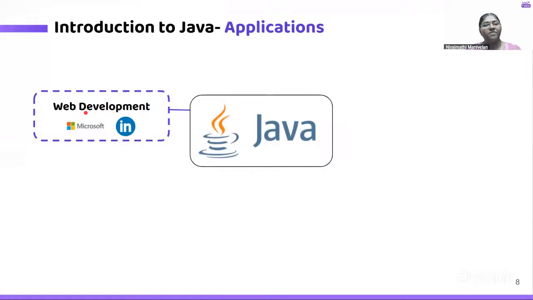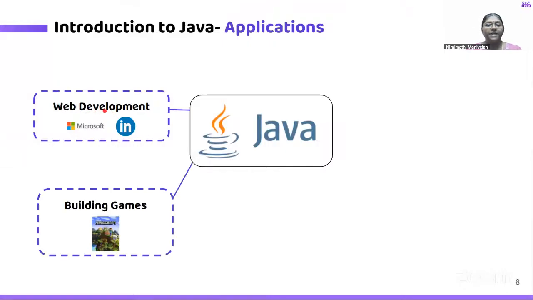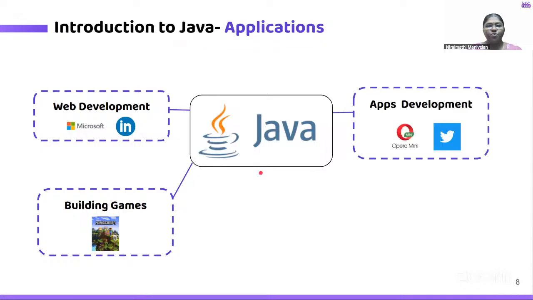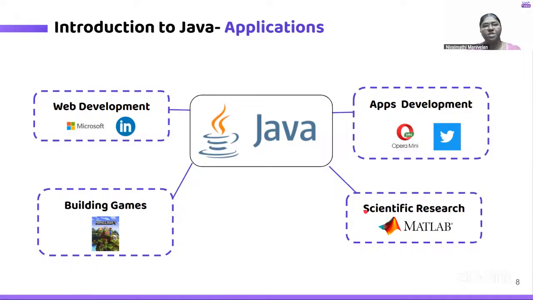It is used in web development, and then it is used for creating interesting games. And then we use Java for app development, and also we use Java in scientific research. So these are the different applications of Java.